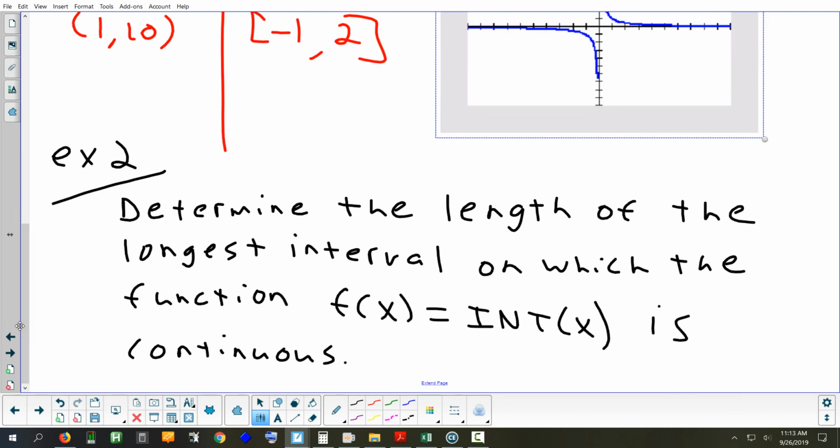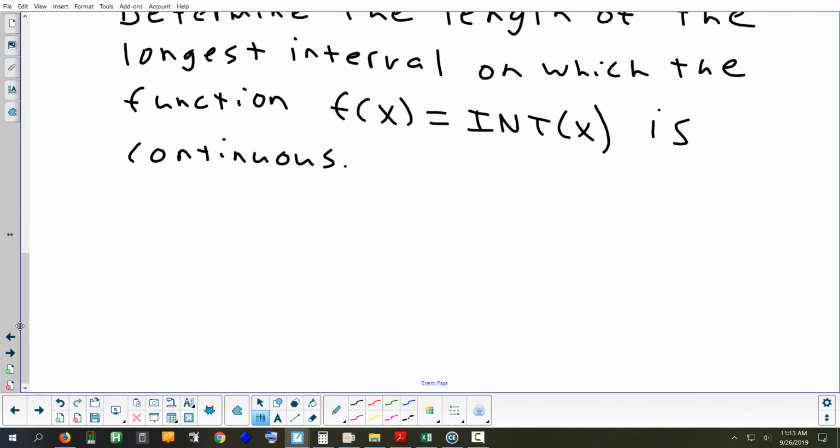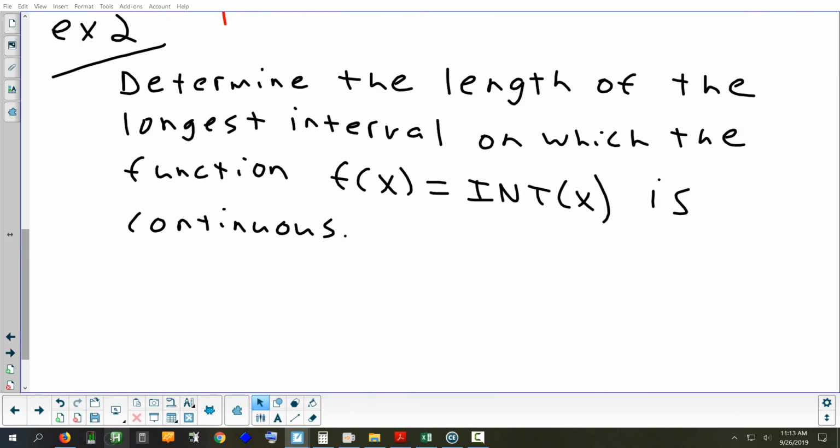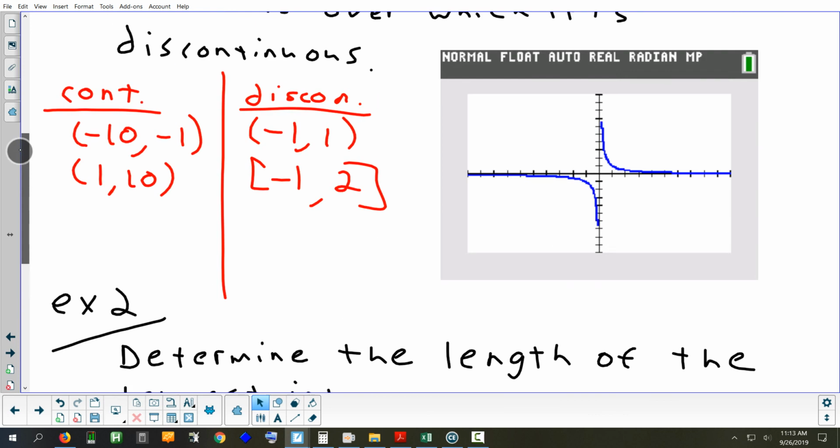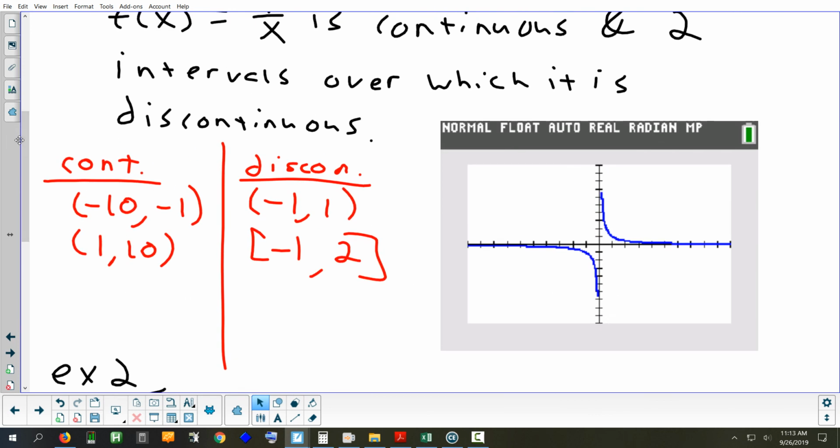All right, I'm going to put that step function back up. And I want you to tell me the largest interval you can that is continuous. Now, if I did that in the last problem, the answer would be, well, infinite, right? Because if I did it unbounded, I can trace from 1 to infinity without ever lifting my pencil.